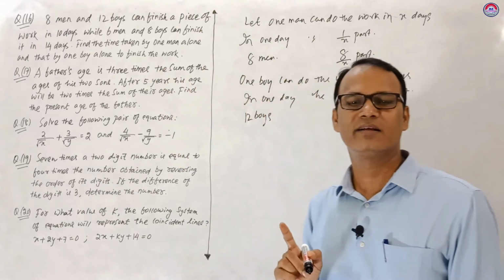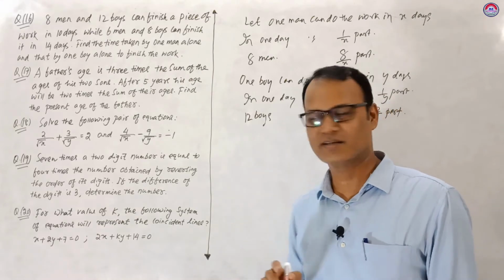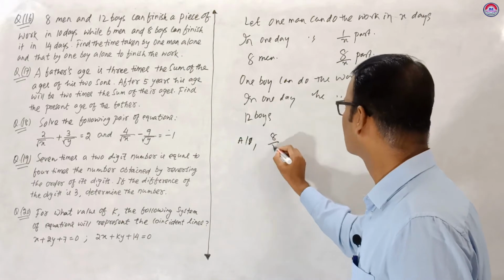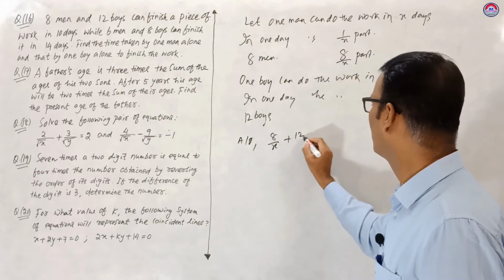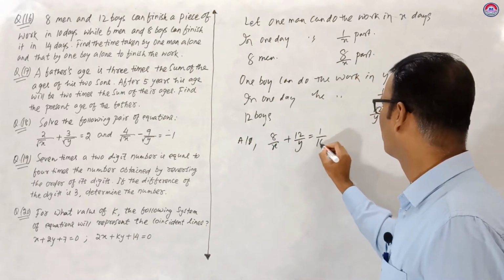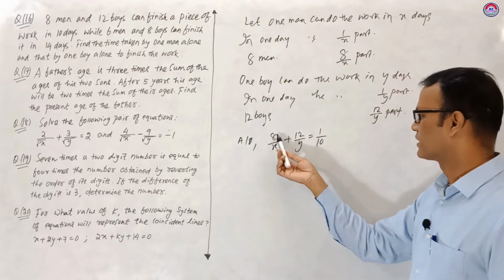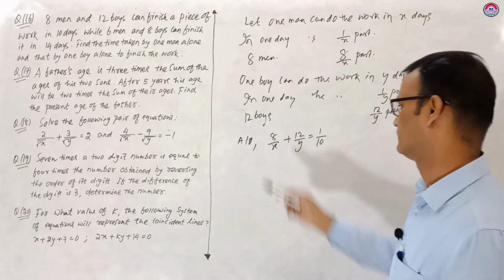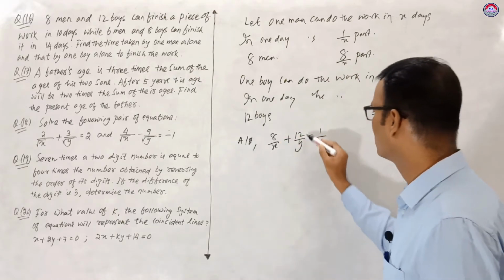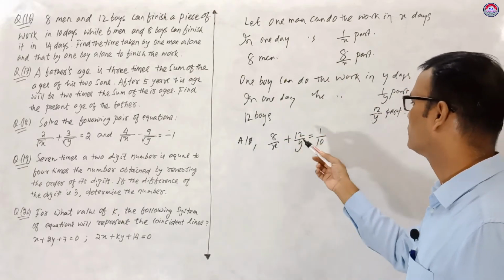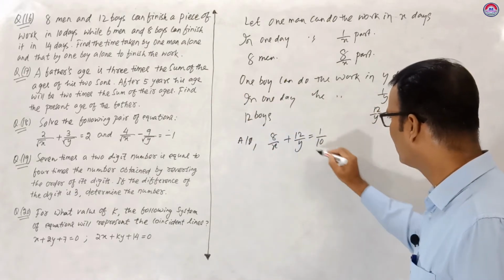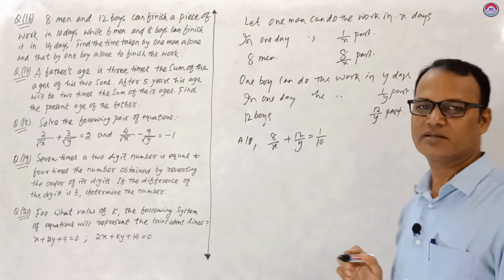And they together finish in 10 days. So in one day, they will finish 1 by 10 part. According to the question, we can write 8 by X plus 12 by Y is equal to 1 by 10. Because 8 by X is 8 men in one day and 12 boys in one day; they complete the work in 10 days, so in one day they complete 1 by 10 part.